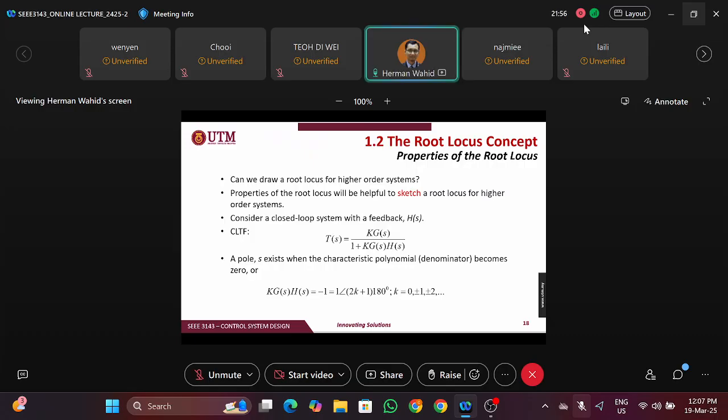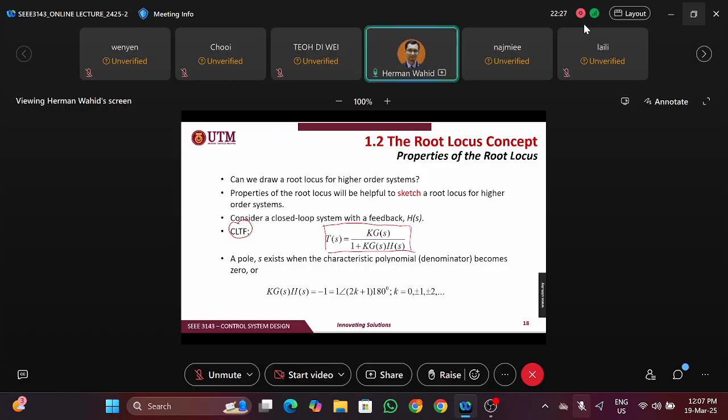So now we use a more general concept, where by having any transfer function, we can still sketch the root locus without doing the mathematical analysis like before. Let's consider back the closed loop transfer function that we had previously.